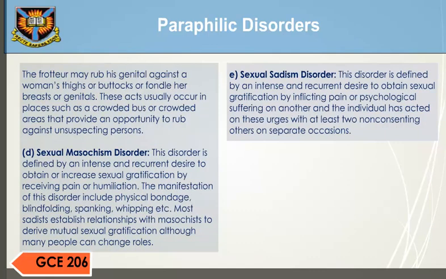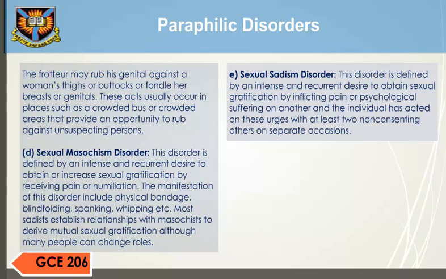The frotteur may rub his genitals against a woman's thigh or buttock, or fondle her breasts or genitals. These acts usually occur in places such as a crowded bus or crowded areas that include an opportunity to rub against unsuspecting persons.